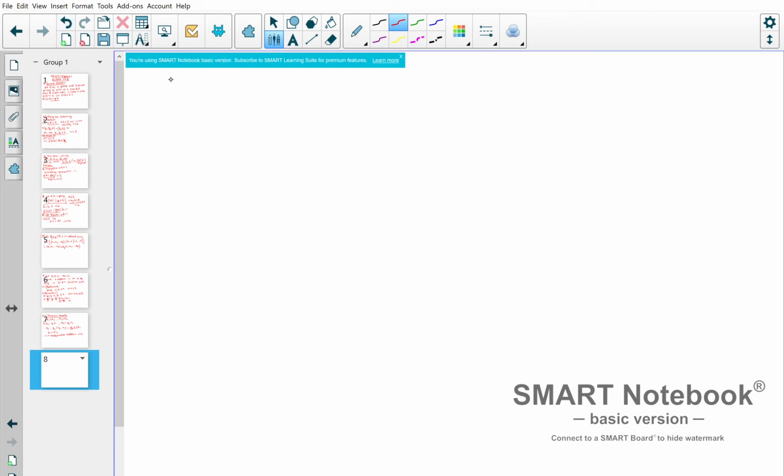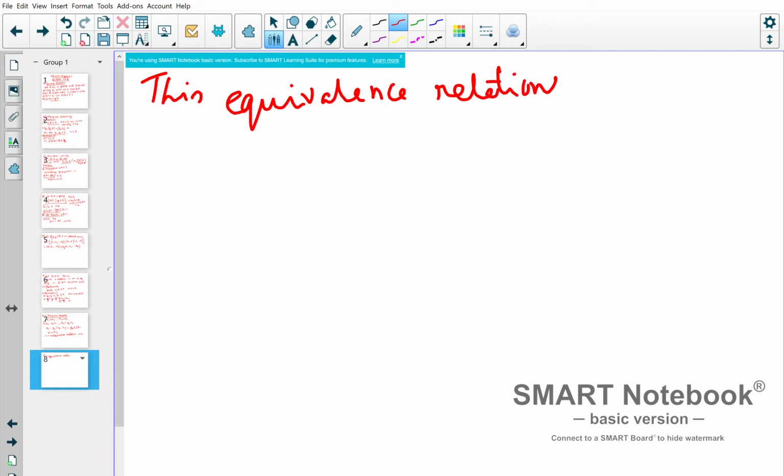So this equivalence relation forms a partition on X, okay, and so those are equivalence classes, right?